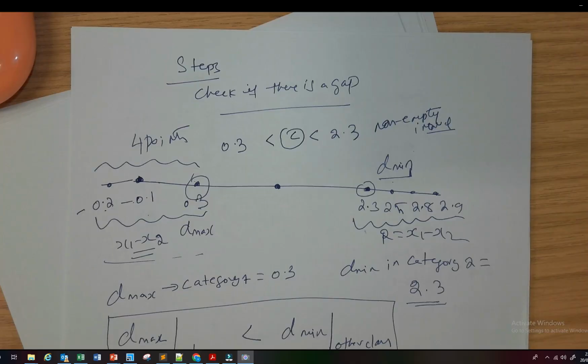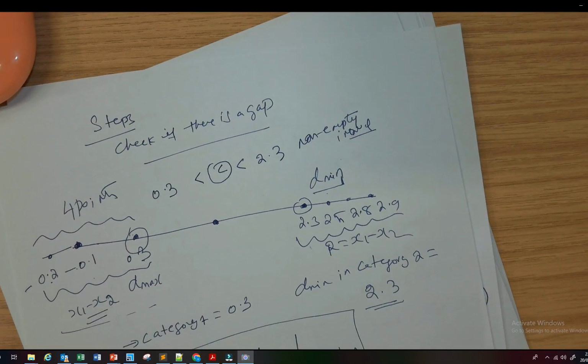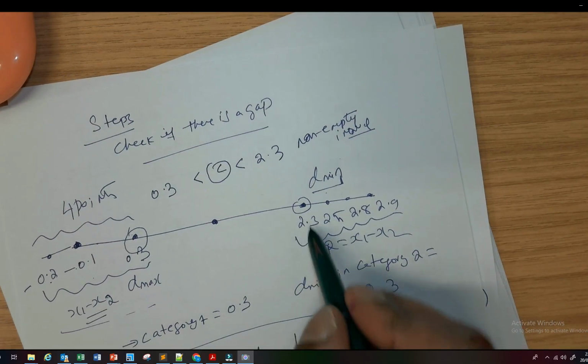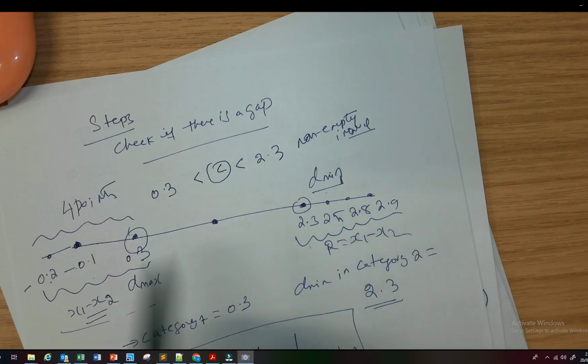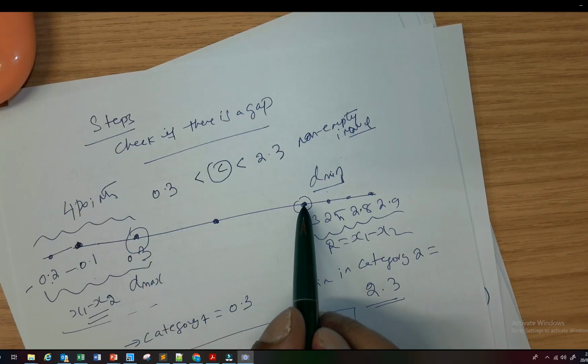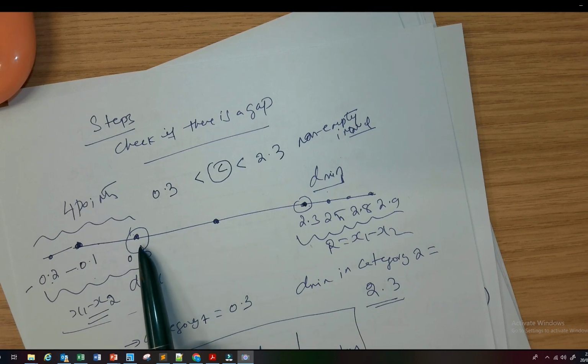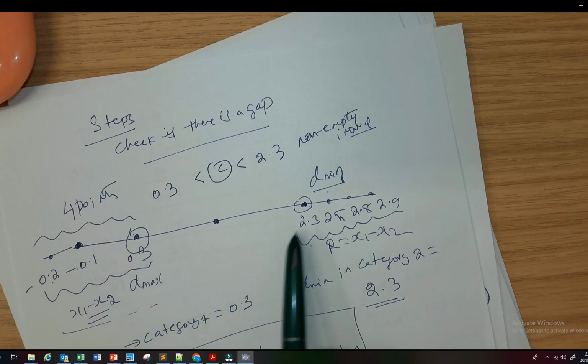And one more thing that you have to remember in SVM is, for us, only D minimum and D max matter. Why is that? Only the closest point from each class, in this case 0.3 and 2.3.